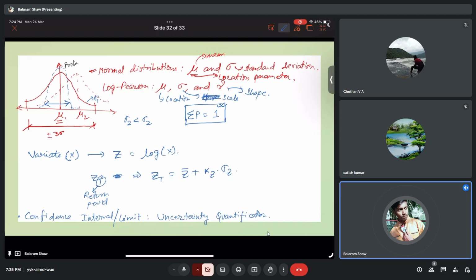Now it is very difficult to just say one value, and hence we give a probability distribution, or else we give one confidence limit. Let's say the value will be 100 meter cube per second plus minus 10 meter cube per second. So it can vary from 90 to 110 meter cube per second, right? So that is where we use this confidence limit.